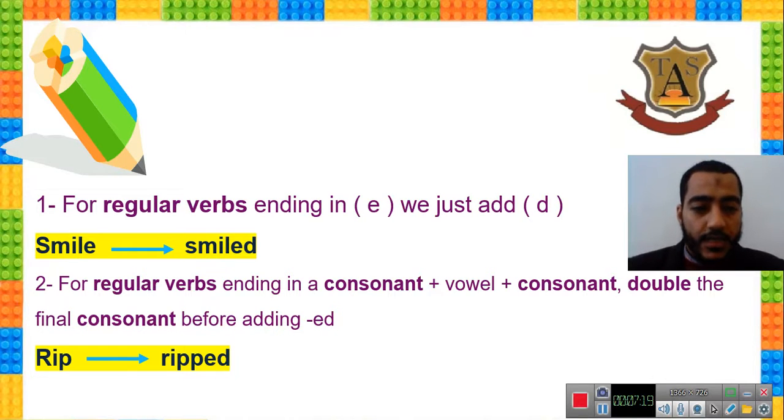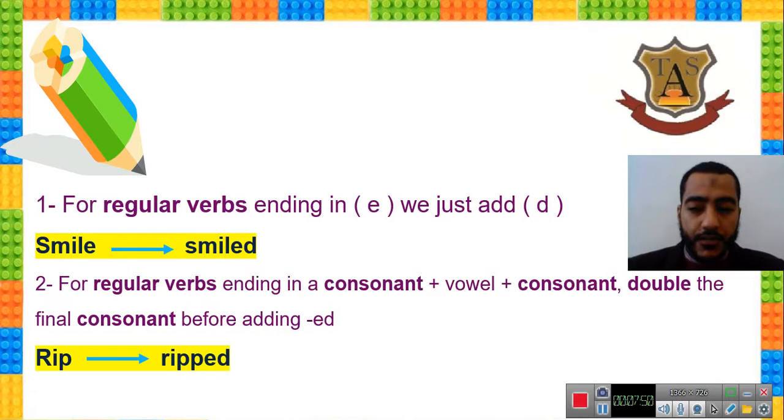It must be a regular verb. Like smile becomes smiled. Okay, rule number 2 is about rip and ripped.